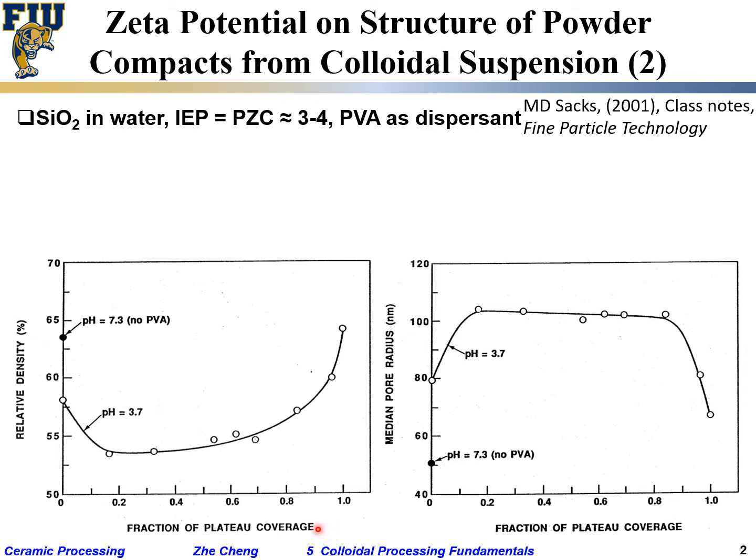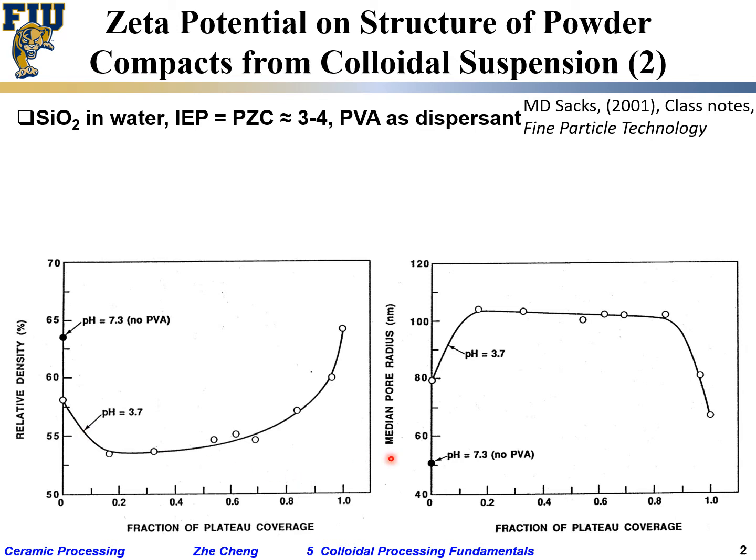I'm talking about using this polymer as dispersant, and the polymer would have certain coverage on each of the particles. From 0 means what? 0 coverage means you did not add any polymer into the system, but you have different pH.